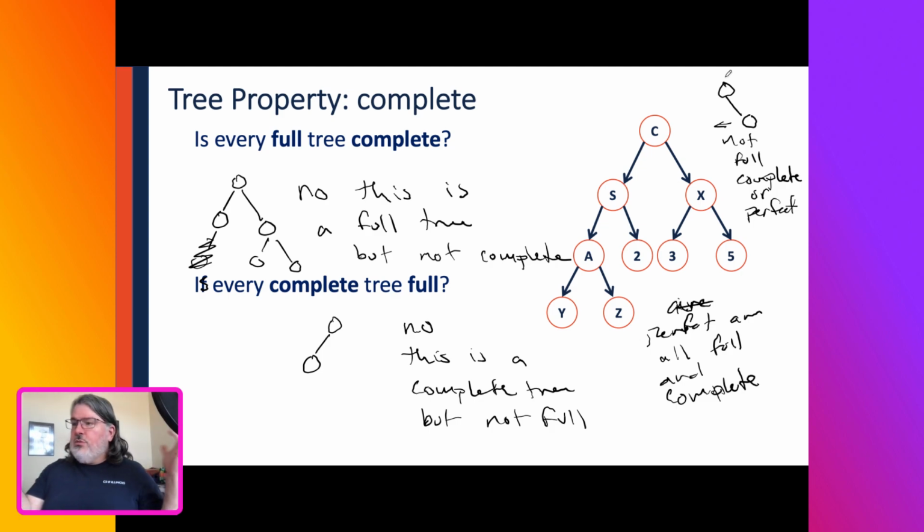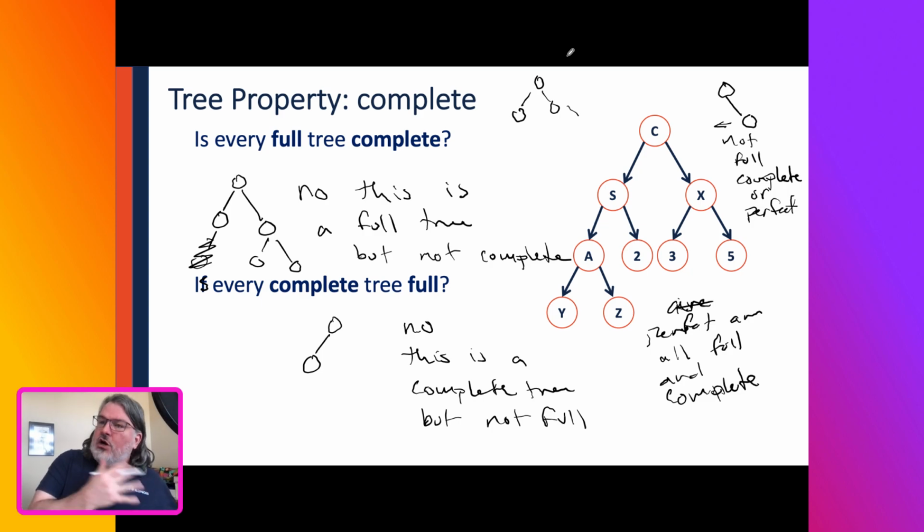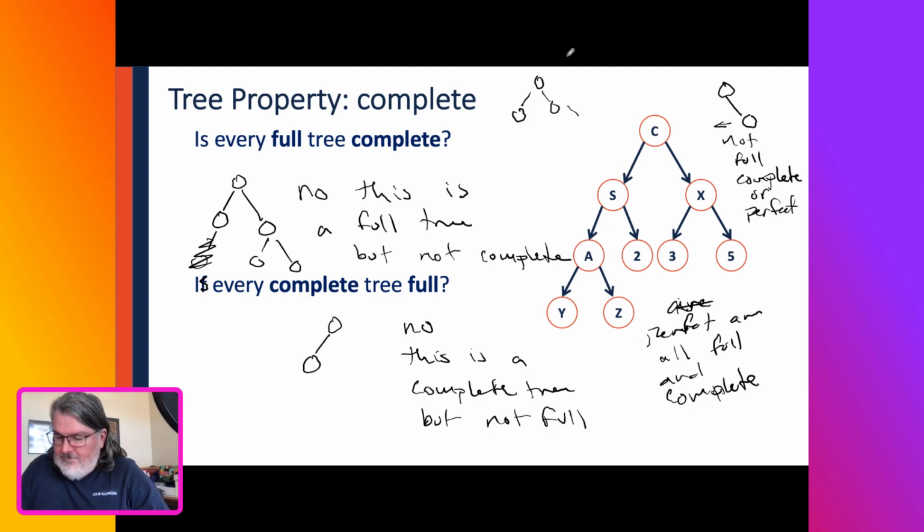How can a perfect tree be complete? A perfect tree is complete because there's no left to push it to, right? It is perfect and complete because all the nodes are pushed as left as they can, because at every level all the nodes exist.